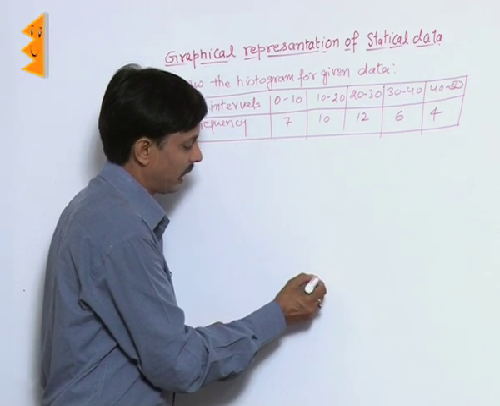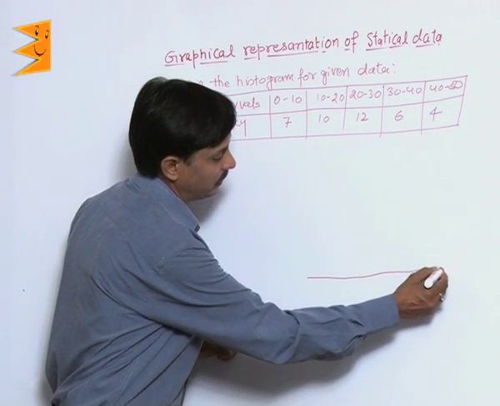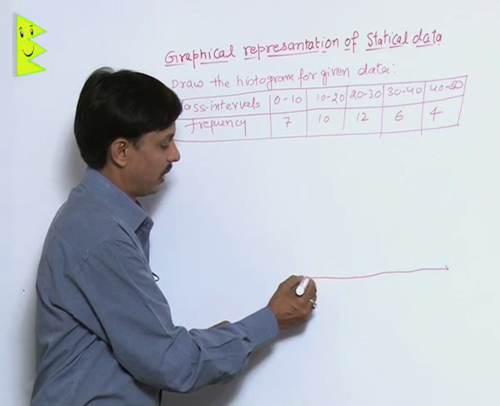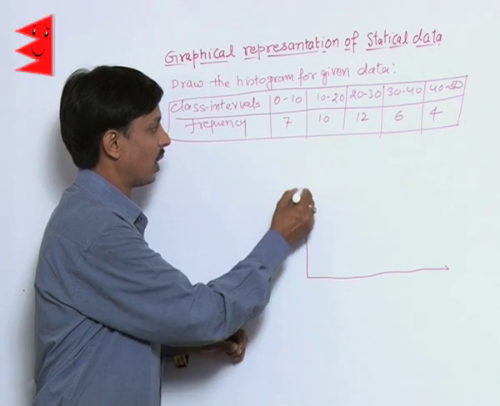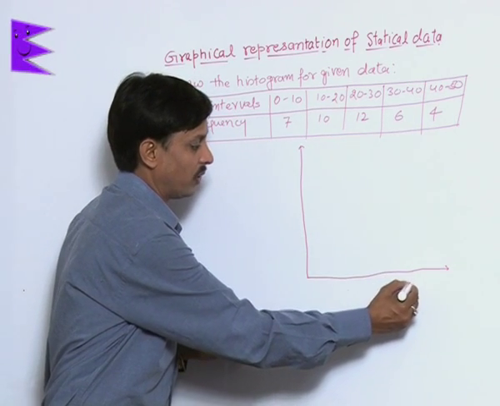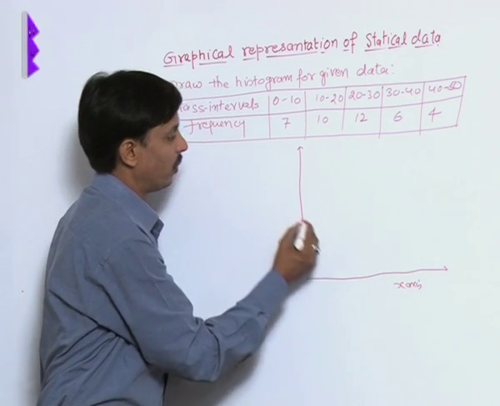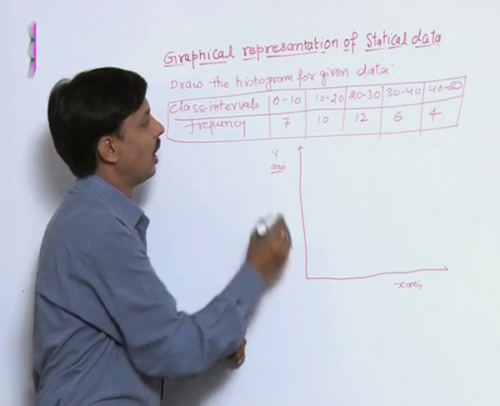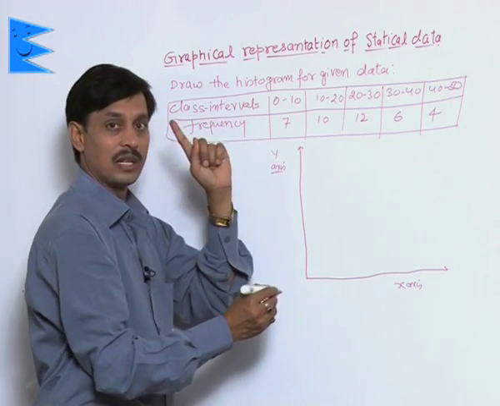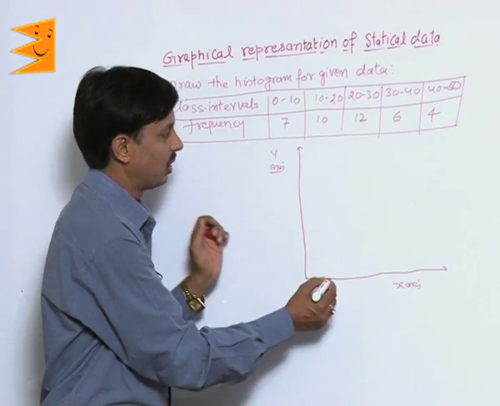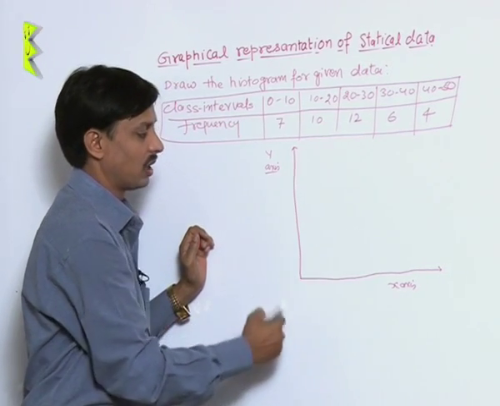To put it on the graph and construct the histogram, the procedure is the same. One line is taken horizontally, and another line perpendicular to it, the vertical. The horizontal line we call the x-axis and the vertical one is known as the y-axis. The first information, the class intervals or the marks, we always take on the x-axis.